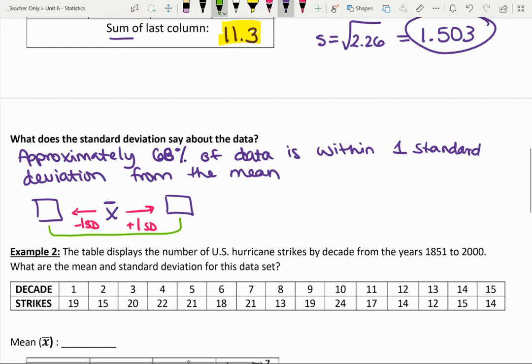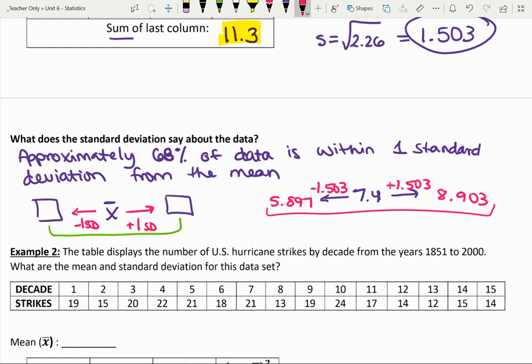So for our case, 7.4 was our mean, and so thinking about adding 1.503 or subtracting 1.503, we end up with 8.903 and 5.897.